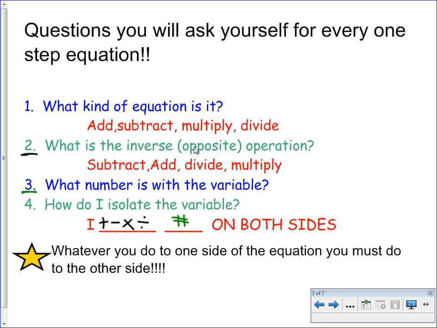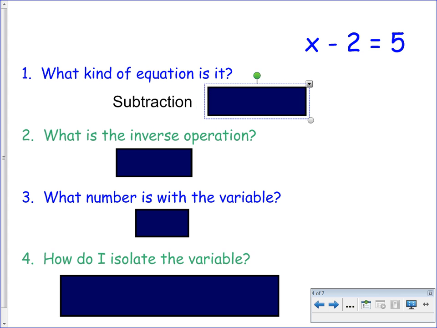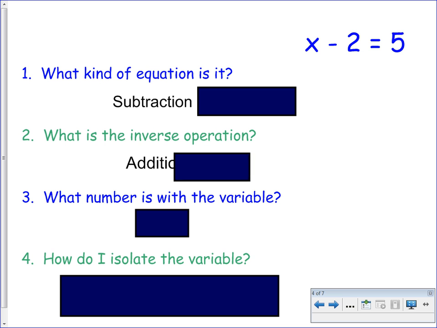Okay, so we're going to go through one example together. We're going to start with x minus 2 equals 5. First, we use question number 1. What kind of equation is it? Well, we're using subtraction. Since we're using subtraction, the inverse operation, for question number 2, is addition.